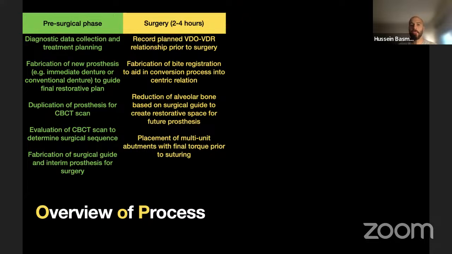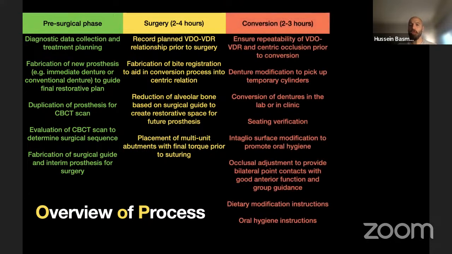Then we place our multi-unit abutment after we place our implants, depending on the AP spread that we're going to talk about in just a little bit. Once we do that and we have adequate stability, we move into the conversion step, which is why we're doing immediate loading in most of these cases, depending on the cross arch stability of those implants.